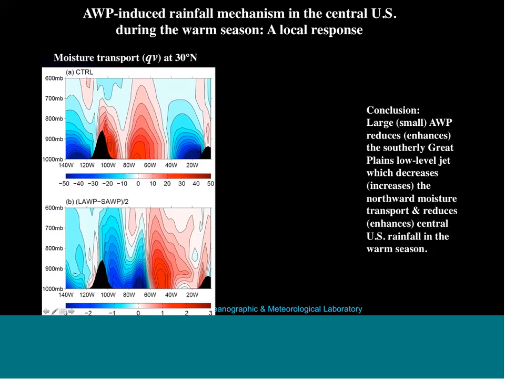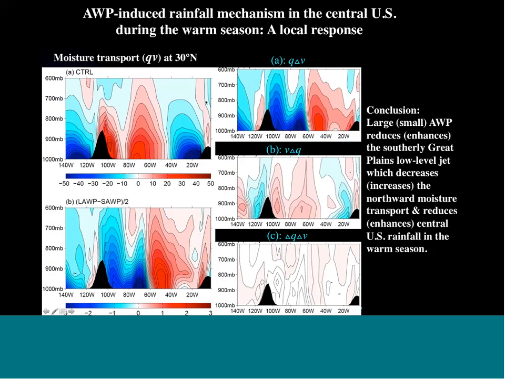You see that in the control run we have a strong northward moisture transport, which is associated with the Great Plains low-level jet. For the difference between large and small warm pool, we see a strong negative value, which means the warm pool reduces this northward moisture transport and then reduces rainfall.